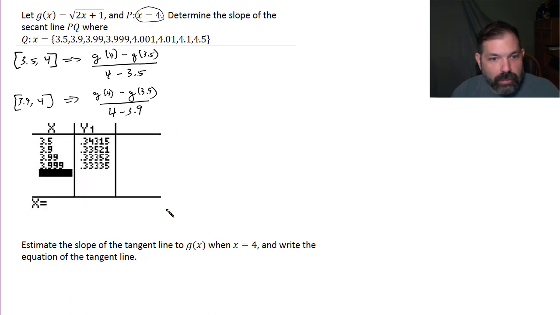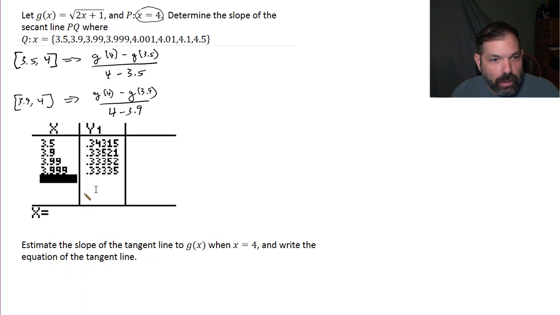What's happening, as my inputs, we're keeping the 4 steady, and as my inputs get closer and closer to 4, what appears to be happening to the outputs? All right, what's happening here with the outputs?